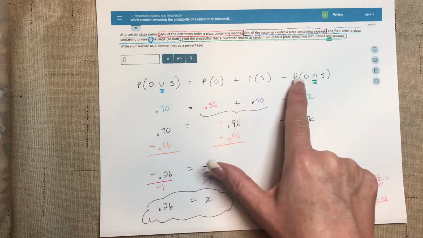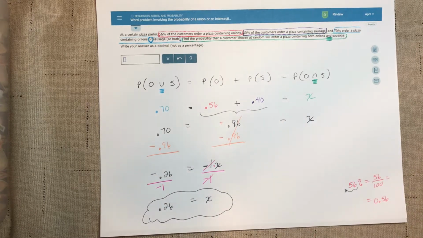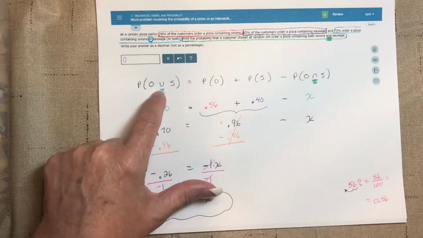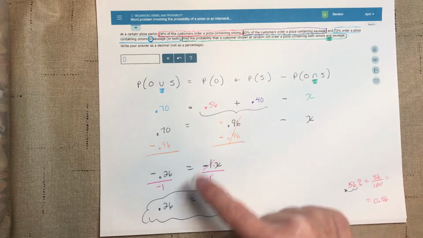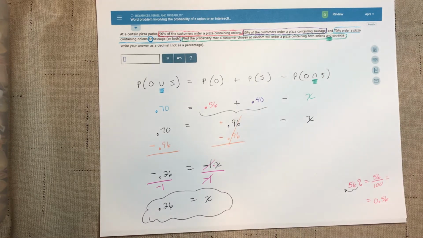Since there are 1, 2, 3, 4 pieces to this formula, they can actually ask you to find any one of those 4, but they have to give you the other 3 in order to have enough numbers to make it work. So I'm not sure what Alex is going to generate for you because I did it a couple of times, and one time it asked me to find this. On this one, it asked me to find that. And so this was a little bit more detailed, so that's why I did the example of this.